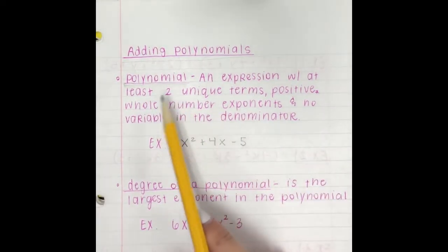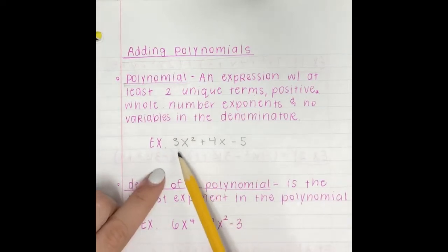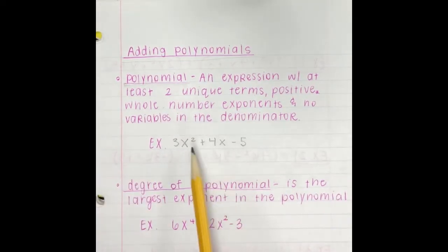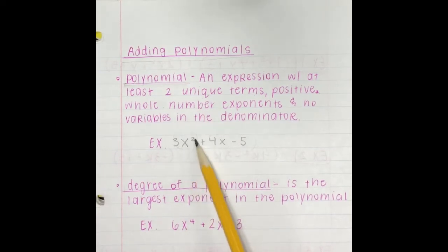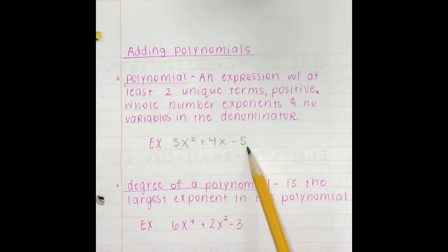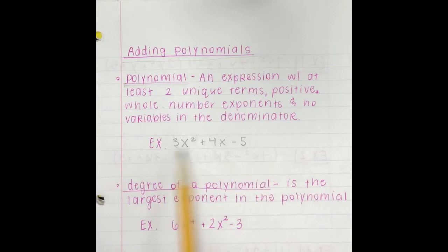A term is what is separated by plus or minus signs, basically. So here we have 1 term, 2 terms, 3 terms. They're unique because this one's x squared, this one's x, and this one doesn't have any x, which means you can't combine them. So you have 3 unique terms.